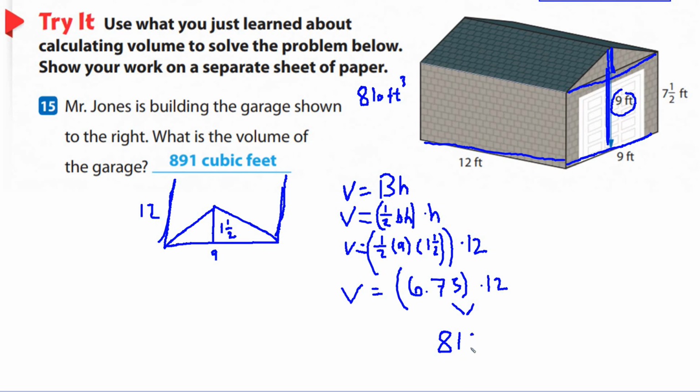So now I have 81 feet cubed for the triangular prism. Okay? So now what do you think we do? Obviously we just add them. 81 feet cubed plus the 810 feet cubed gives us 891 feet cubed or 891 cubic feet.